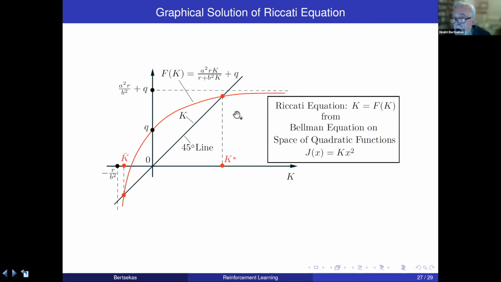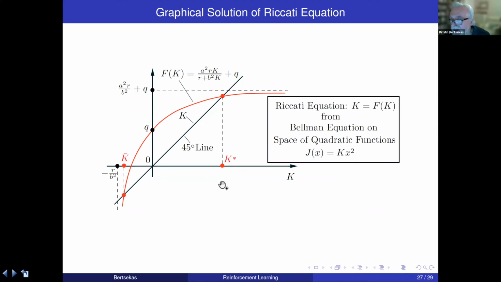How do we know that it is the optimal cost function and not something suboptimal? It could be a non-quadratic function that is actually the optimal cost function. It's not evident from this figure. This figure just looks at a subspace of functions, the quadratic functions. So there's no guarantee from our analysis so far that the optimal cost function is quadratic.